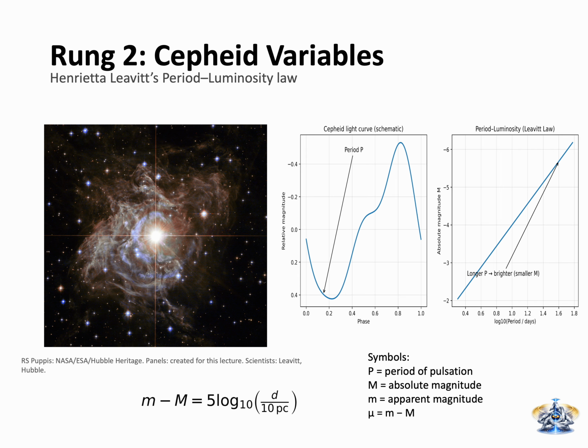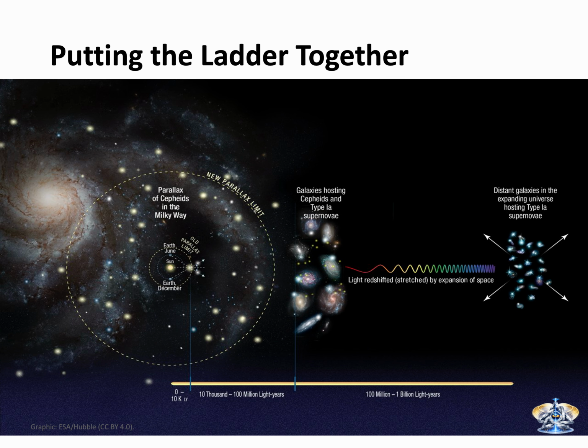Now let's zoom out and see the ladder as a whole system. This slide is the big picture. The ladder is a chain of calibrated methods. We start with geometry, parallax, that gives us truth nearby. Then we use that truth to calibrate standard candles like Cepheids. Cepheids reach much farther into other galaxies.